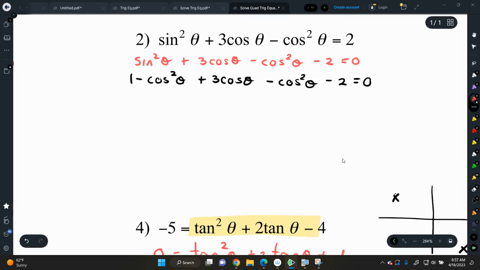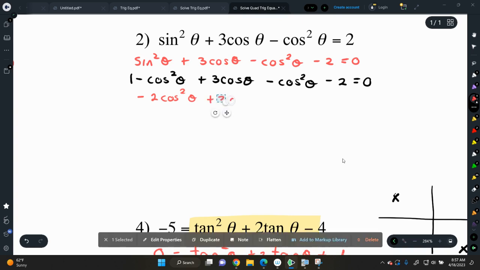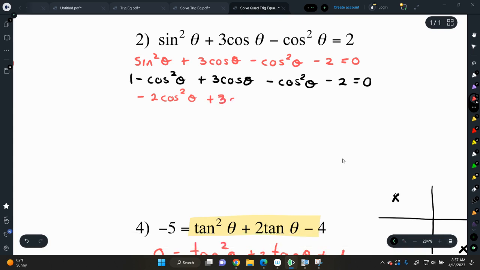Okay, let's combine our like terms. So I have negative 2 cosine squared theta plus 3 cosine theta minus 1. Okay, let me just double check.